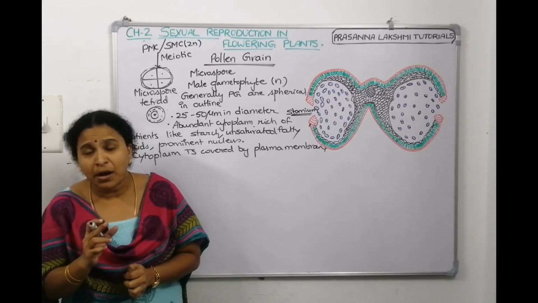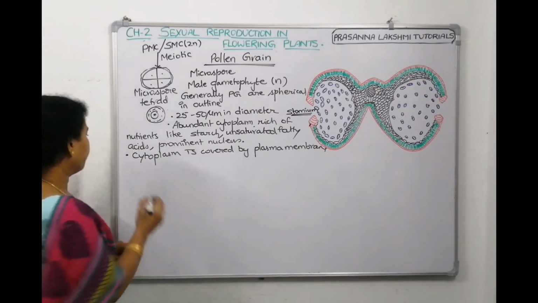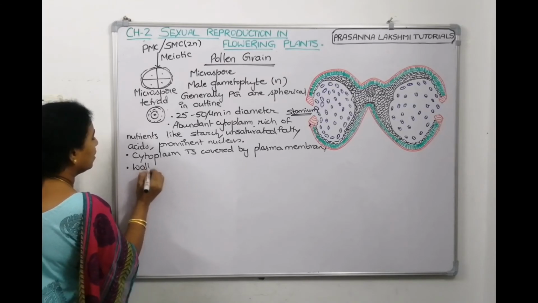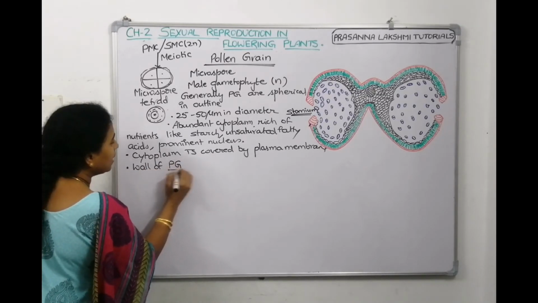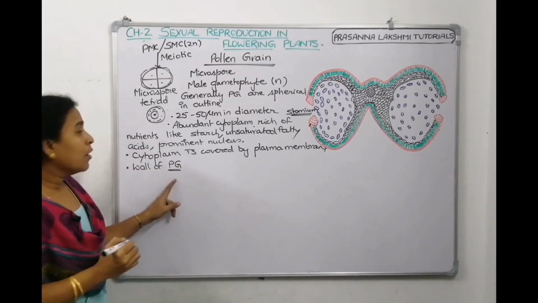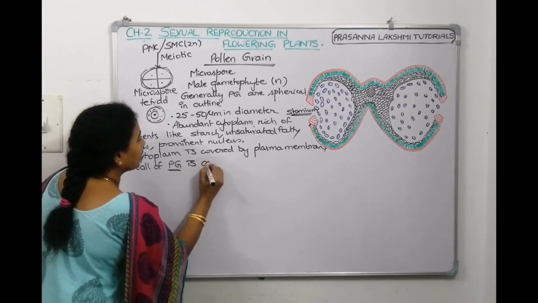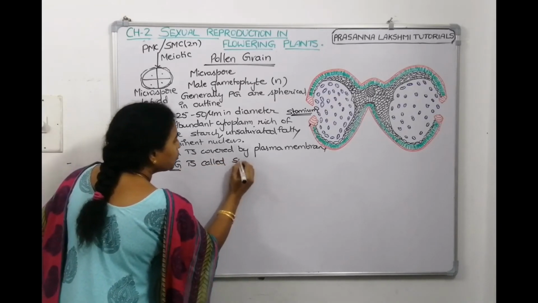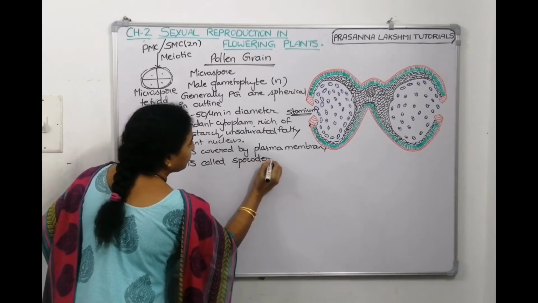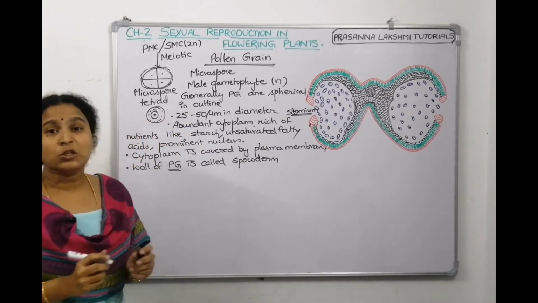The wall of the pollen grain, I am writing PG, is called the sporoderm.